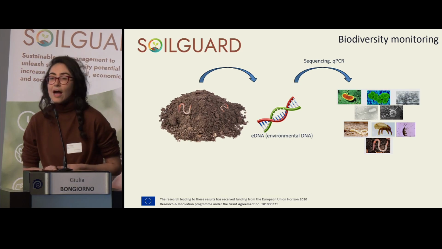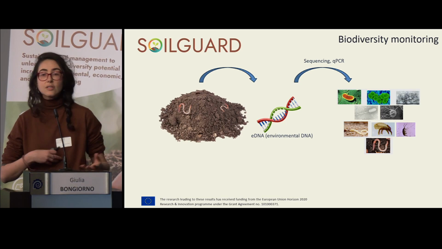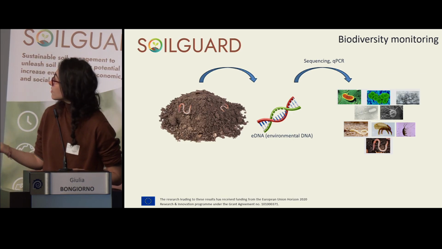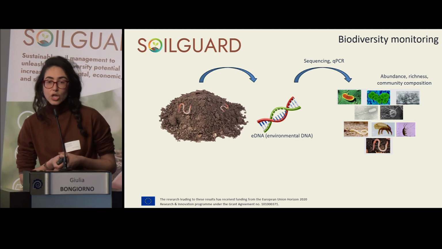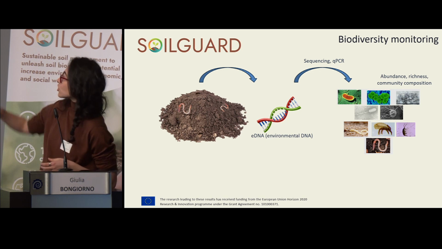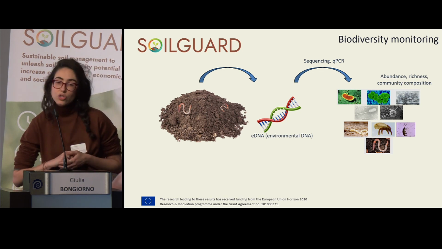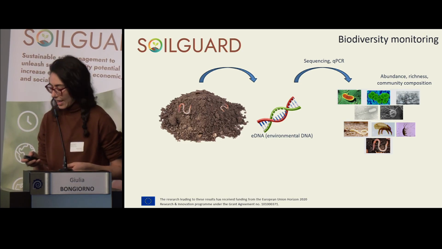Then we can actually characterize a huge variety of organisms, microorganisms but also fauna. In these samples, we can have information about abundance, richness, and community composition. And this is what was actually done in the context of the SOILGUARD project, where abundance, richness, and community composition, for the moment, are the variables that were mainly analyzed.